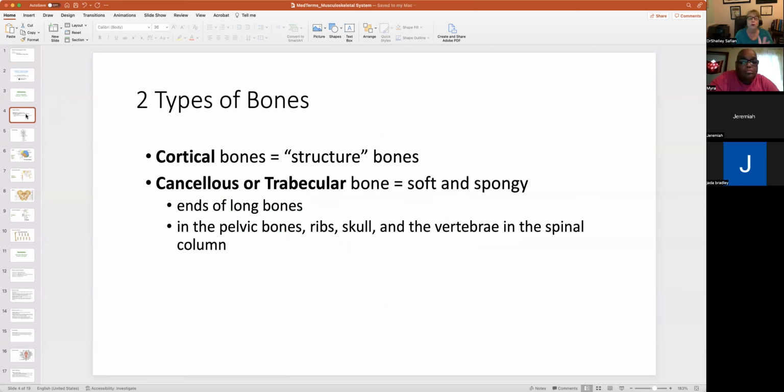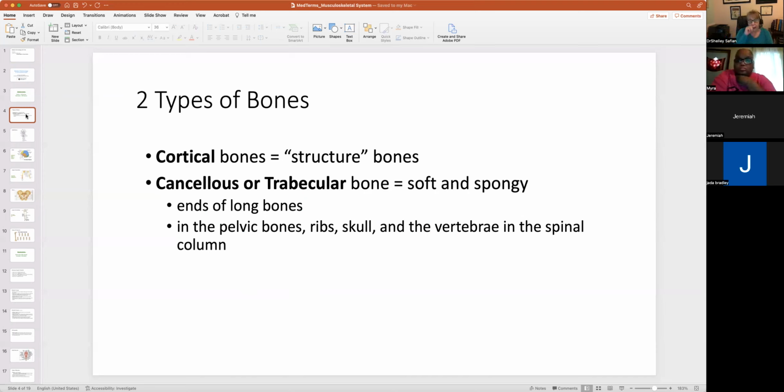Okay, so first, what you need to understand is there are two types of bones. The cortical bones, which are the structure bones. These are the bones that give the body their form. Otherwise we would just be like a Halloween costume without anybody in it. And the cancellous or the trabecular bones, which are the soft, spongy bones, the ends of the long bones.